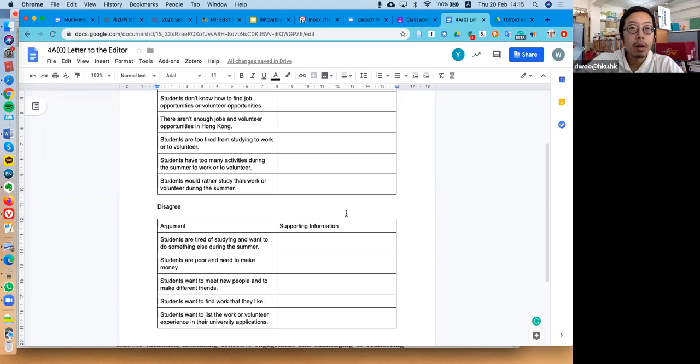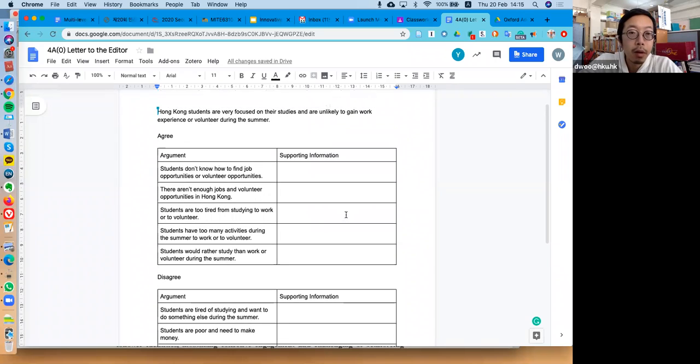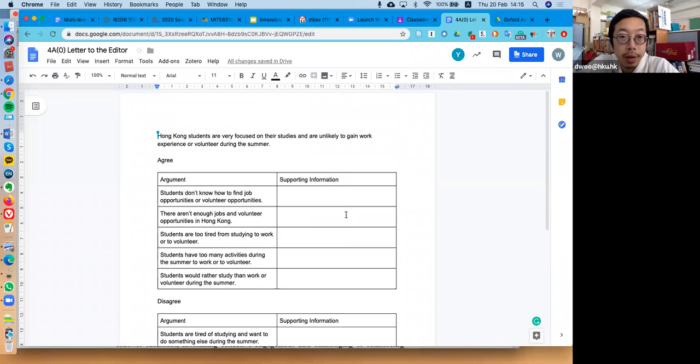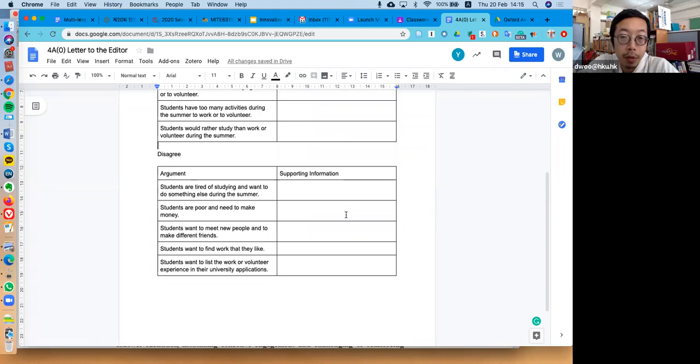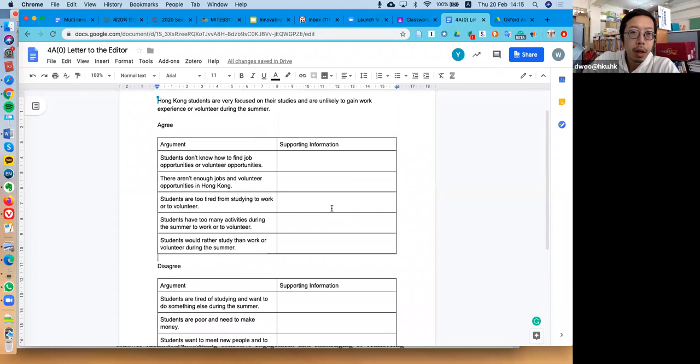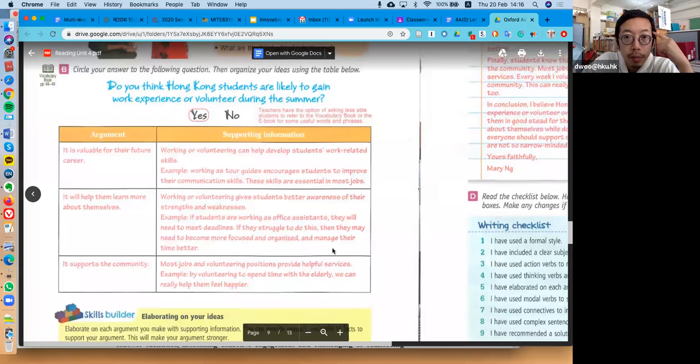So now we have 5 possible reasons why students are unlikely to work or volunteer during the summer, and we have 5 possible reasons why students would work or volunteer during the summer. So again, you either agree or disagree. Now you have to provide some supporting information.